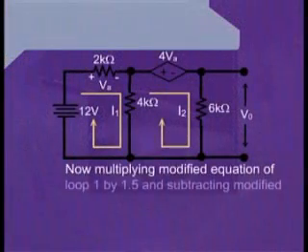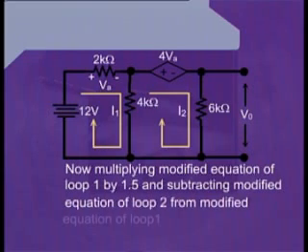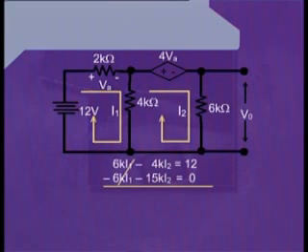Now, multiplying the modified equation of loop 1 by 1.5 and subtracting the modified equation of loop 2 from the modified equation of loop 1, we can have 6K I1 minus 4K I2 equals 12 and 6K I1 plus 15K I2 equals 0.